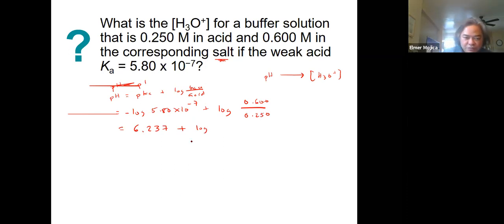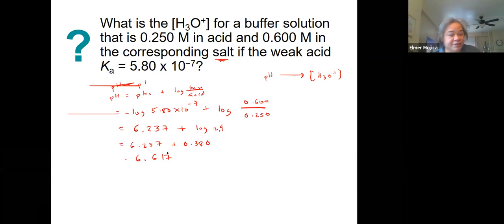So that's 2.4. And that would be equals to 0.380. So if you're going to add it with 6.237, you will get this value.